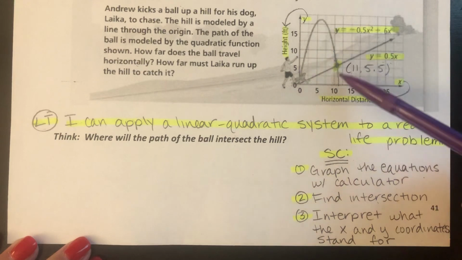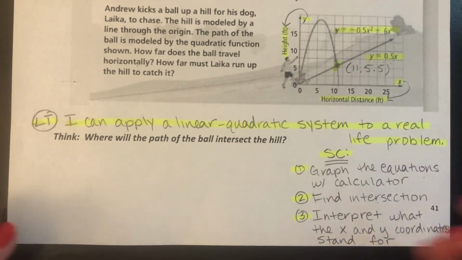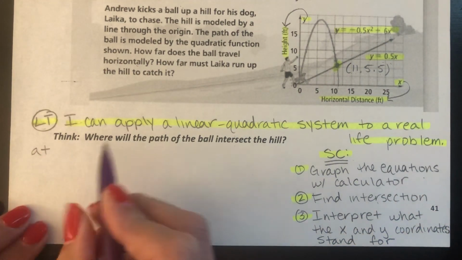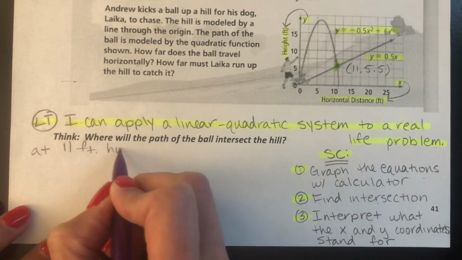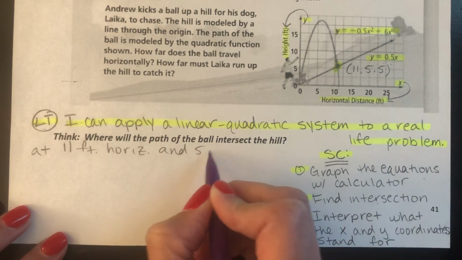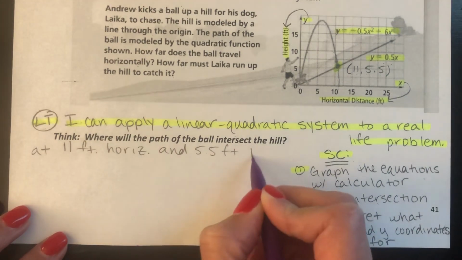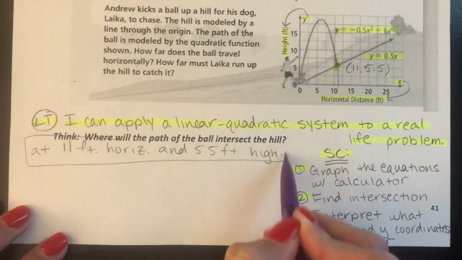Here's my path of the ball, here's my hill, here's the intersection. This intersection is at 11 feet horizontally and 5.5 feet high, and that would be your answer there.